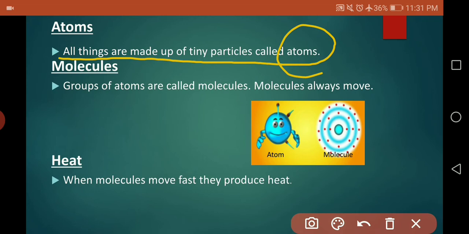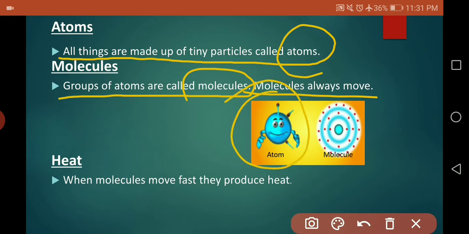If we make a group of atoms, it becomes a molecule. So we can say a group of atoms is called a molecule. Molecules always move. In this diagram here we have an atom, and there are many atoms. We can say the group of atoms makes molecules.